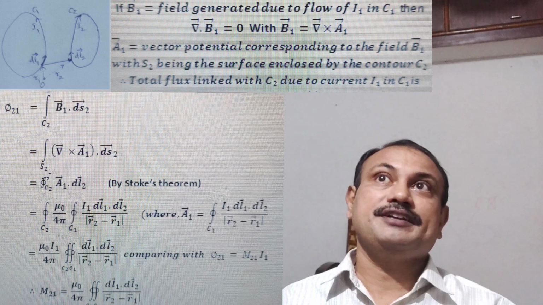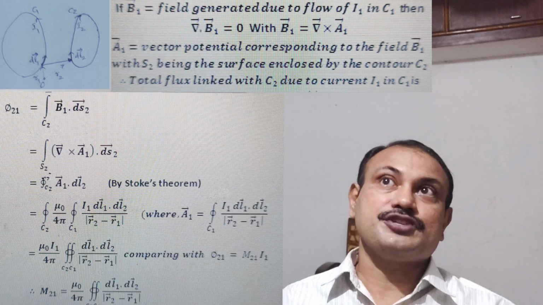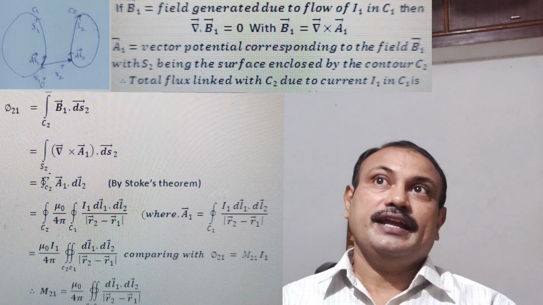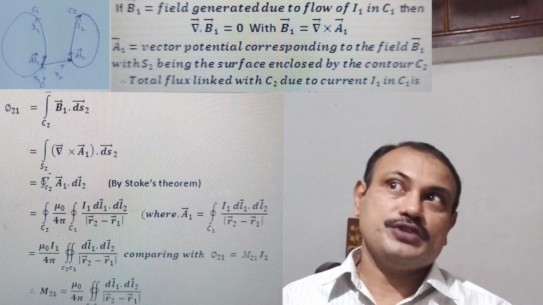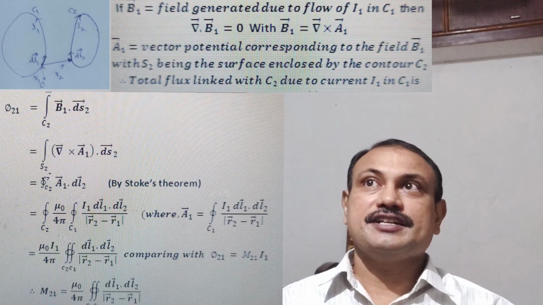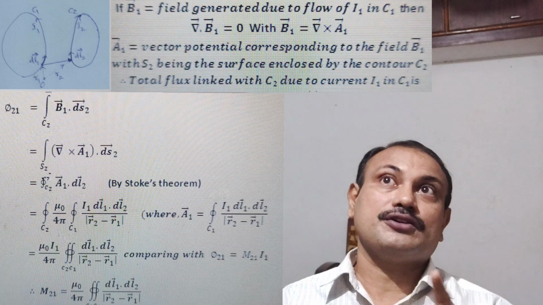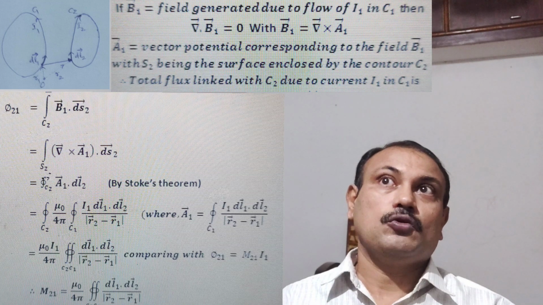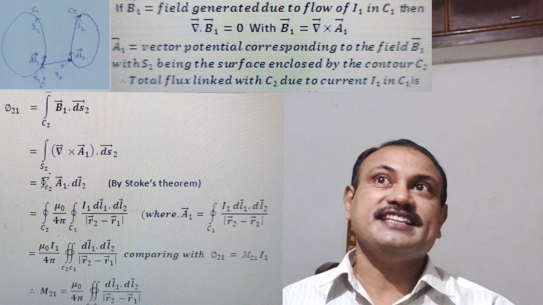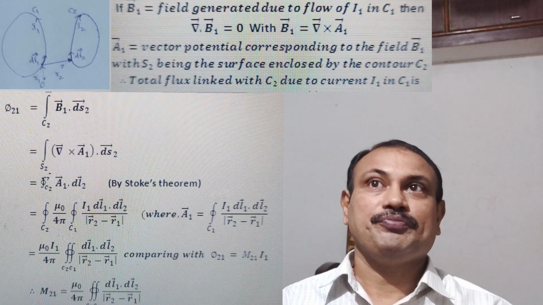Therefore phi 21 can be written as surface integral over S2 of curl of A1 dot dS2, which is equal to the closed contour integral of A1 vector dot dl vector, because we can always change surface to line integrals by using Stokes theorem. So here the surface integral of curl of A1 dot dS2 has been changed over to A1 vector dot dl2 vector, where dl2 is the length element, and we have changed surface dS2 to length dl2.